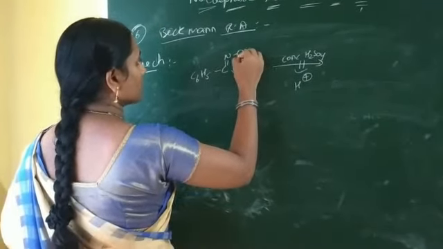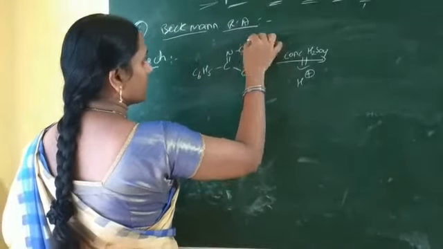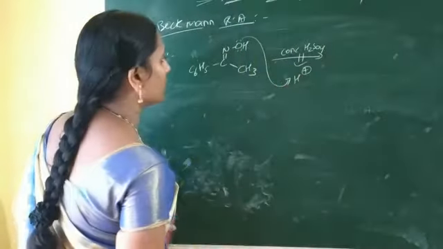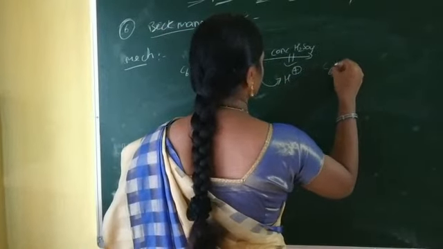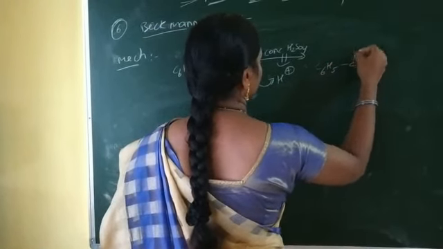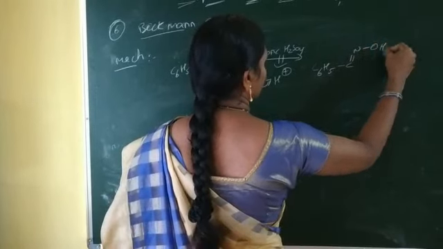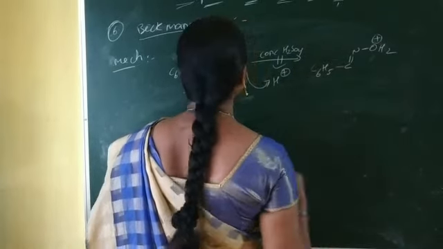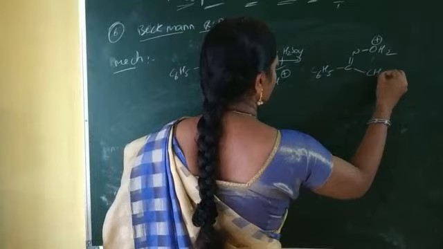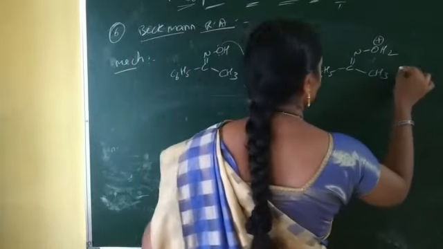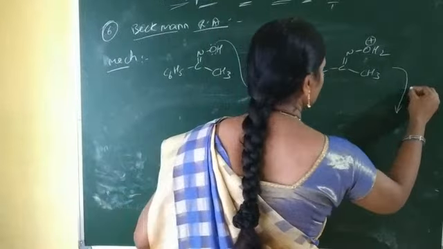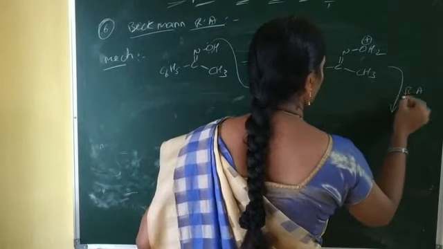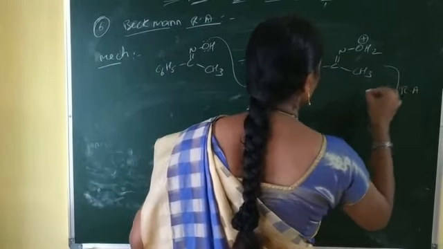So one lone pair of oxygen abstracts this H plus to convert to OH2, and oxygen has a positive charge. Now this compound is involved in rearrangement by the loss of a water molecule.